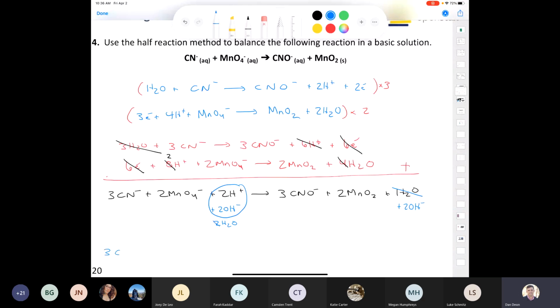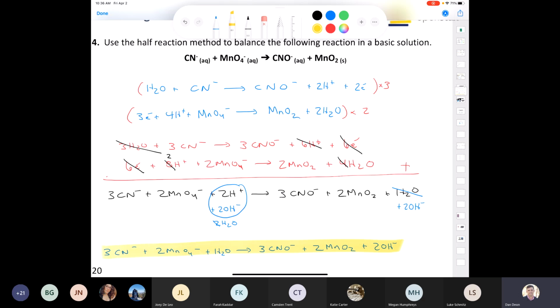So my final balanced equation will be 3 cyanide plus 2 MnO4 minus plus H2O gives me 3 CNO minus plus 2 MnO2 plus 2 hydroxides. Like that. Hot dog, we have a winner. That is a beautiful balanced redox equation.